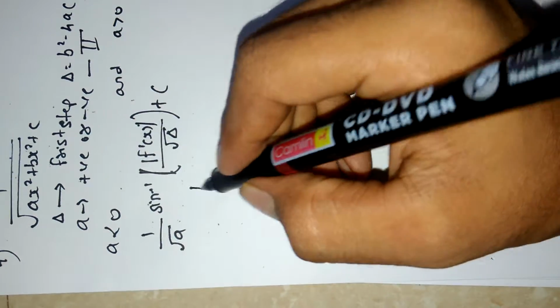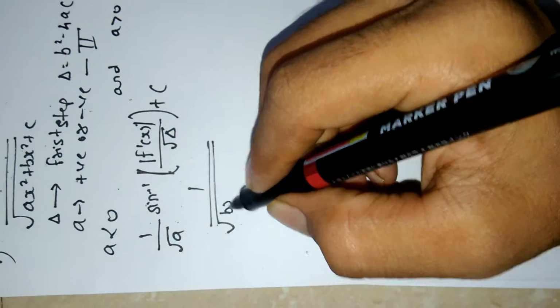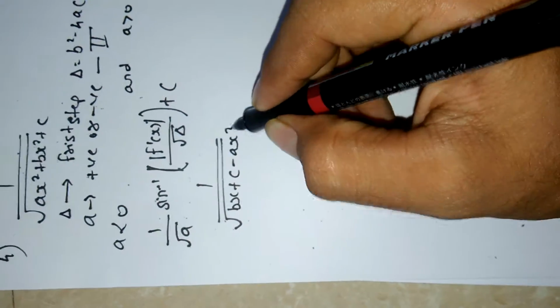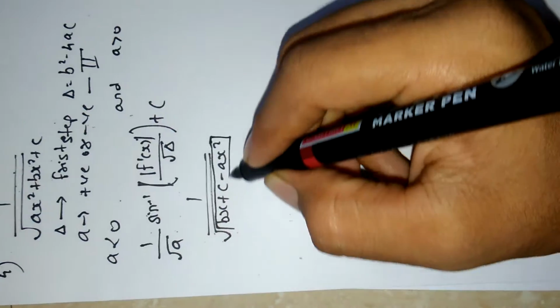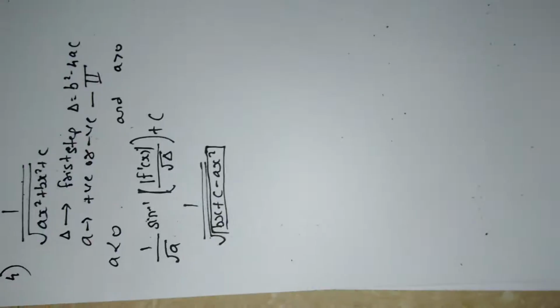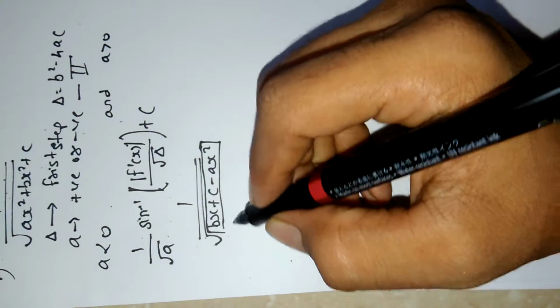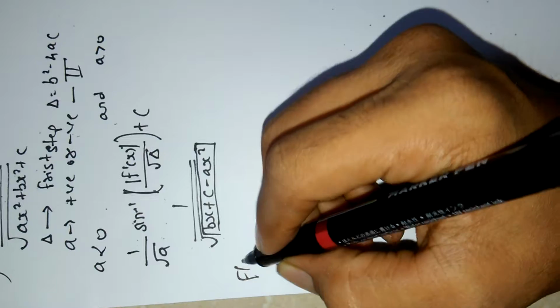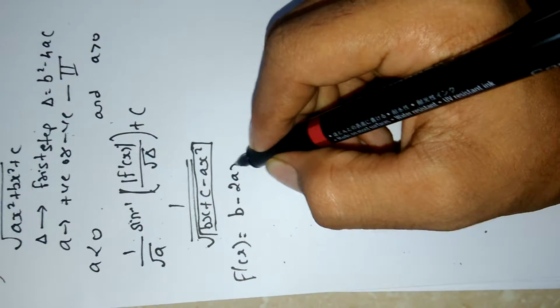If the value of a is less than 0, the equation would look like this: bx plus c minus ax square. This is our f of x, not the under root. Only the expression is our f of x, meaning this is our function. So we have to differentiate. Differentiating with respect to x, we get b minus 2ax.